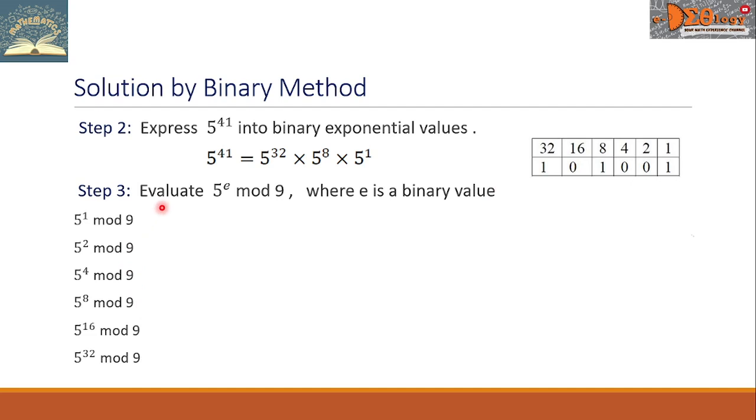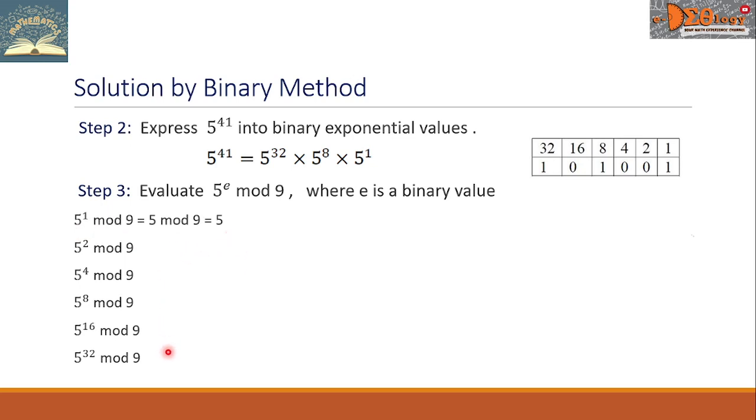So we're going to evaluate these moduli, starting with 5 raised to 1 mod 9, 5 raised to 2 mod 9, 5 raised to 4 mod 9, 5 raised to 8 mod 9, 5 raised to 16 mod 9, and 5 raised to 32 mod 9. Let's begin with the first one, 5 raised to 1 mod 9. We can simplify this into simply 5 mod 9, and this is simplified into 5.